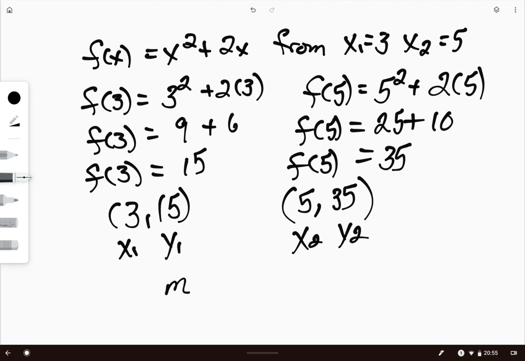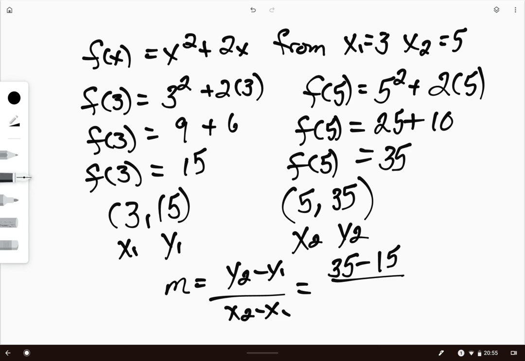So now again, I take my slope formula. So y2 is going to be 35 minus 15, which is y1, over 5 minus 3. So 35 minus 15 is 20. 5 minus 3 is 2. So 20 divided by 2 equals 10. So that means my average rate of change there is 10.